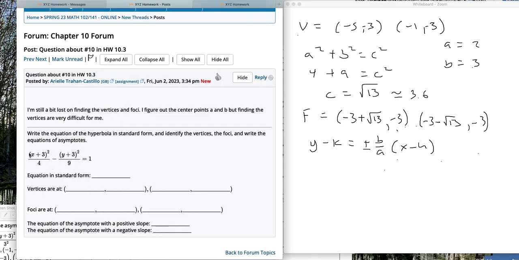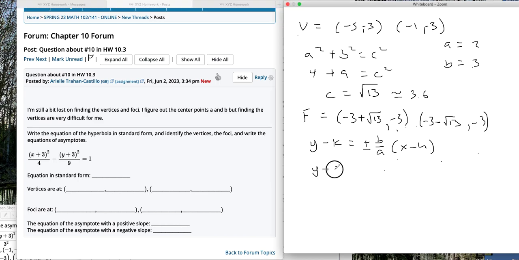I just look right there in the equation because there they are. So this is going to be y plus 3, and there's our k, equals plus or minus. And for putting it in on the homework, you just do the positive one first and the negative one second. But b over a is 3 halves, and then x plus 3 right there.